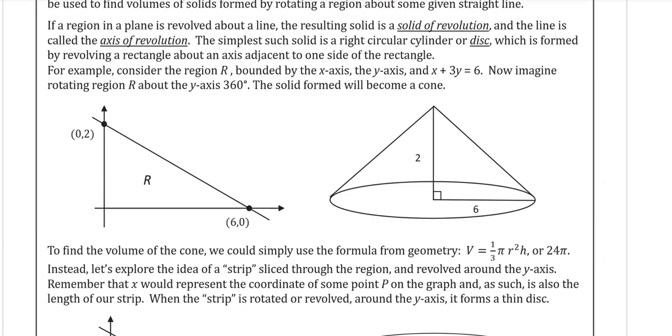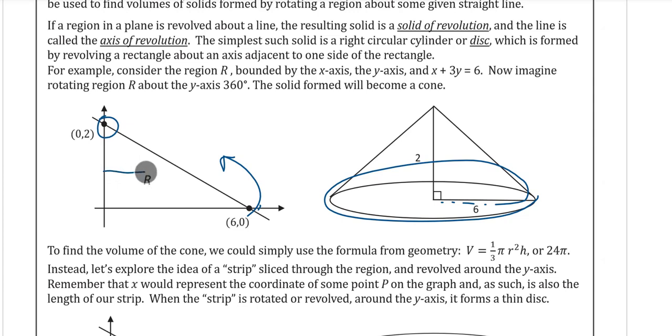We get a cone, because this shape has a top right here, and we're revolving it around this way. As it revolves around, depending on where you are on this figure, you're going to make smaller and smaller trips around the cone till you get to the point where you hit the y-axis.